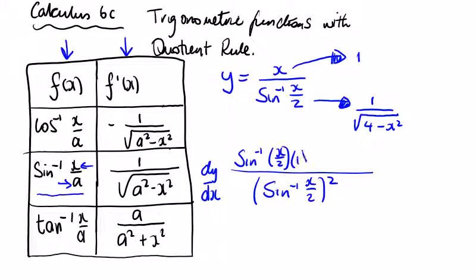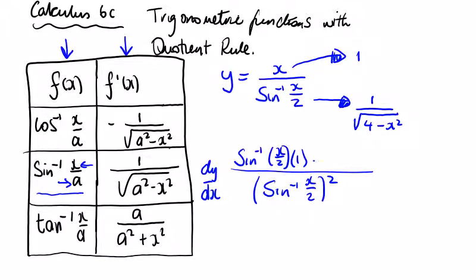Now I'm going to put the 1 in, but it's not going to change the value, and so it's the bottom by the top differentiated, and then minus the top by the bottom differentiated, which is x, multiplied by 1 over the square root of 4 minus x squared. I should have given myself more room.